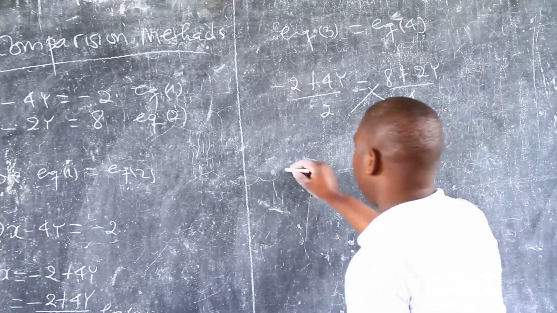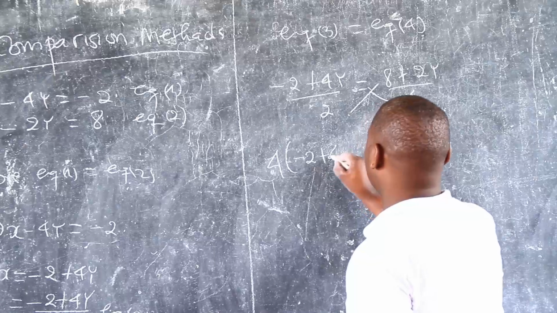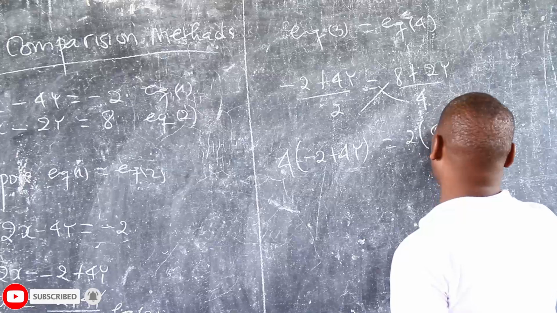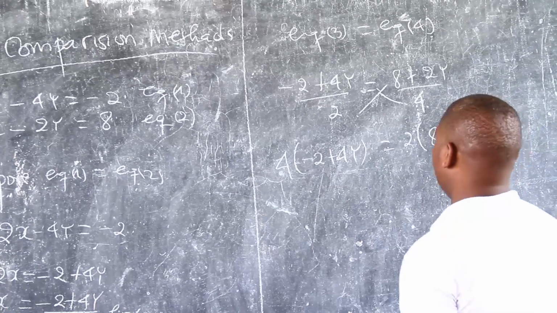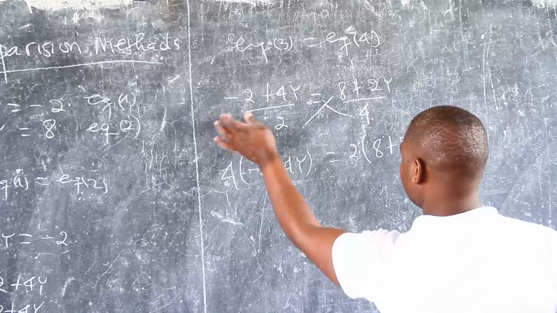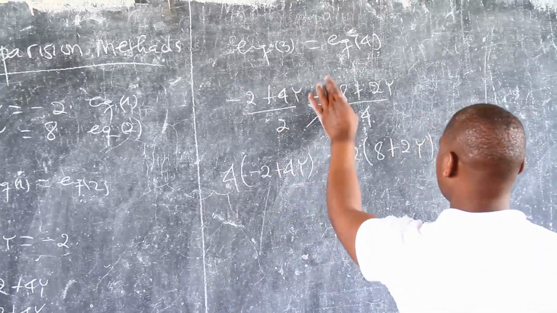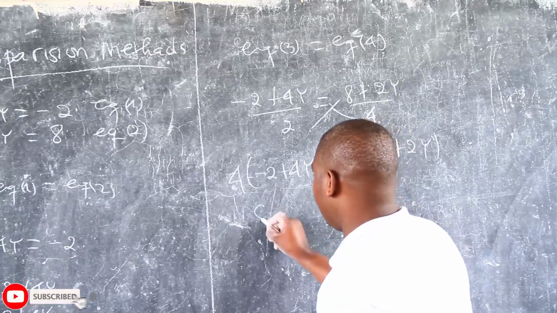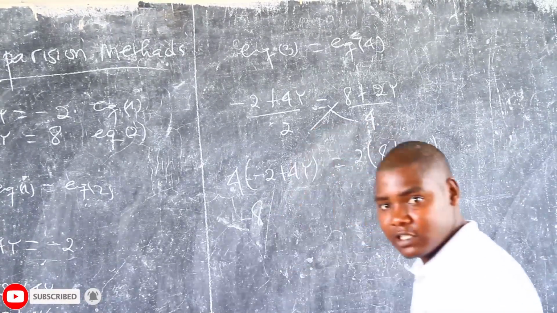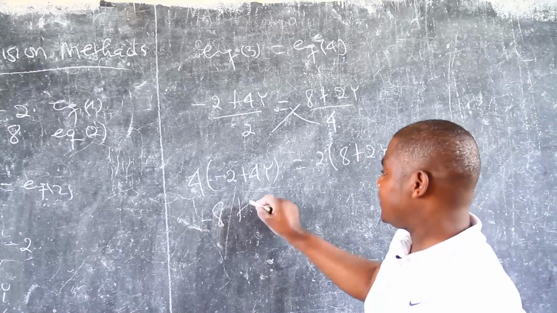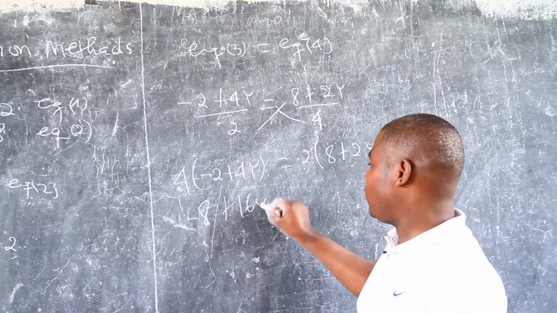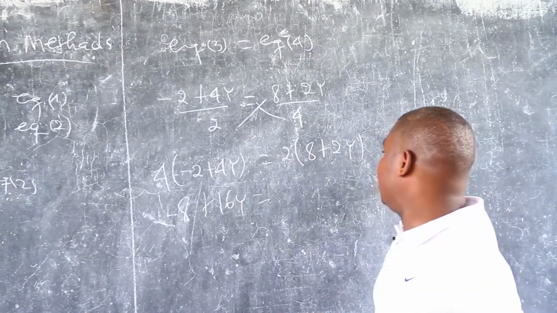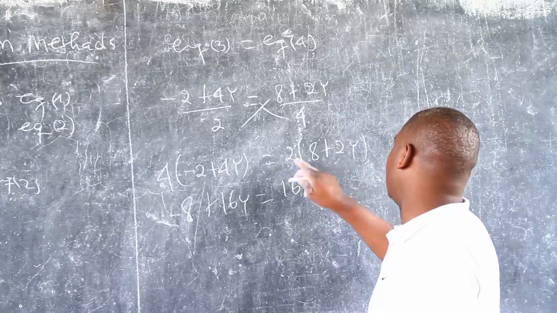This 4 comes to multiply the whole, then 2 comes to multiply for this. 4 times negative 2, I find negative 8, plus 4 times 4, I find 16y. You see very clearly. Then 2 times 8, I find 16, plus 2 times 2, I find 4y.